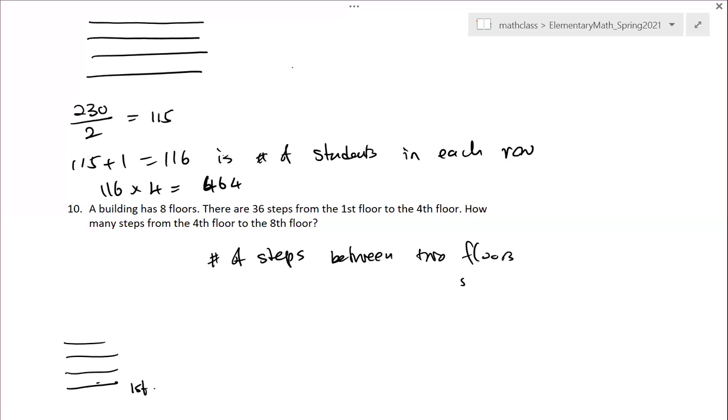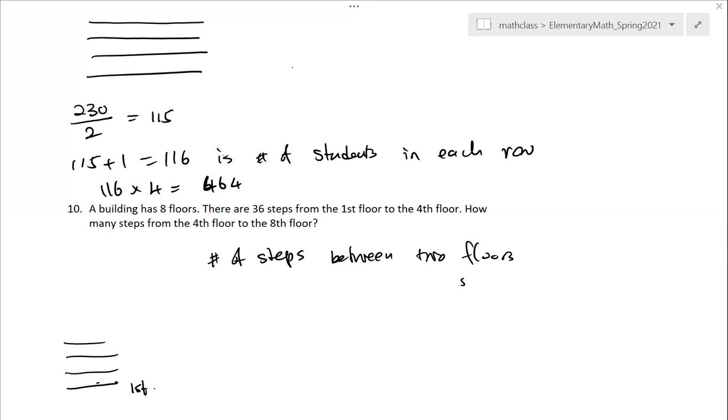Michael says 18. Did you draw the picture, Connor? Right, now this is a strange problem, right?